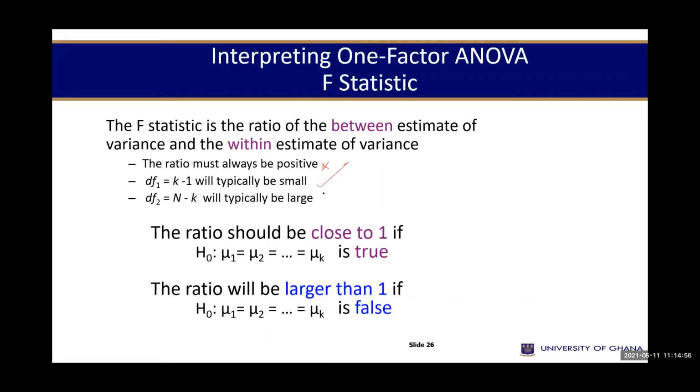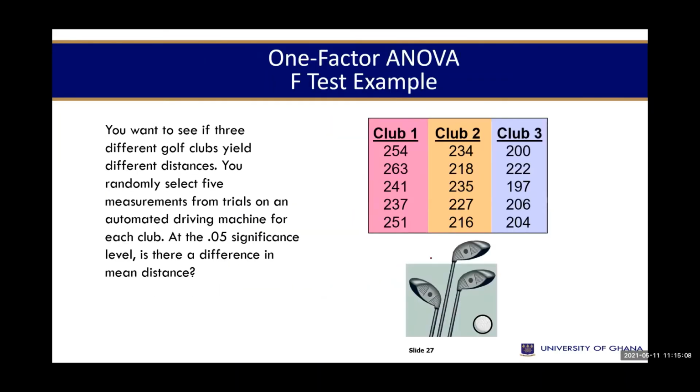Then I've defined this one already. The ratio should be closer to 1 if H0 is true. Otherwise, if H0 is false, it should be greater than 1. Okay, so this is the data I want us to look at and see how we can solve it.